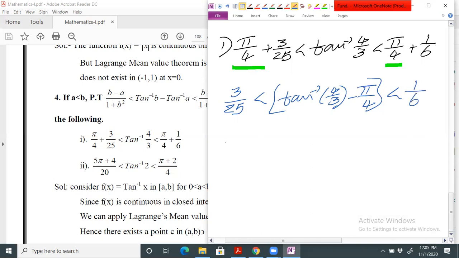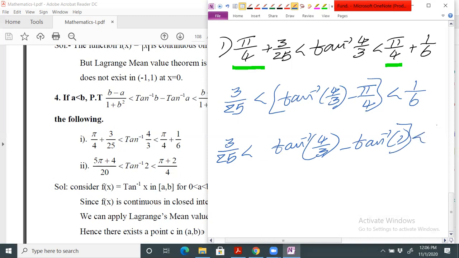In the next step, we write 3 by 25 is less than tan inverse of 4 by 3 minus pi by 4, which can be written as tan inverse of 1, is less than 1 by 6.